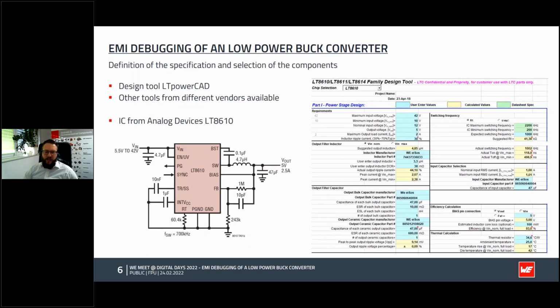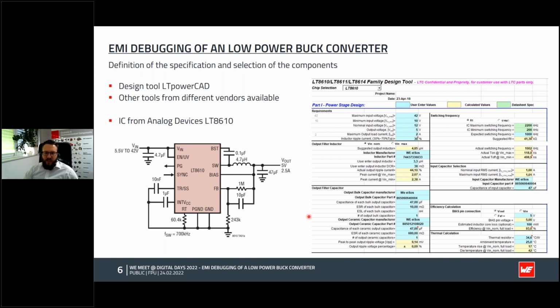So, coming back to our buck converter for this presentation, as you see, for this design the IC chosen was the LT8610 from Analog Devices. What you see here on the left side is just copied from the data sheet. It's really the minimum setup to build it up.